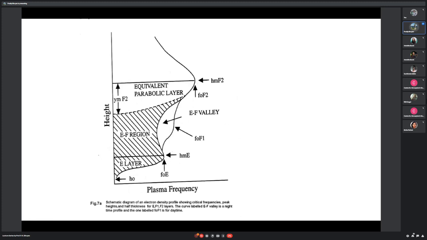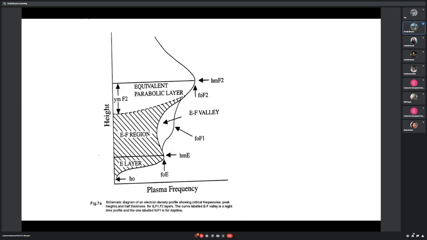So we have the E layer, the F1 layer, and the F2 layer, normally measurable with an ionosonde. That means an ionosonde is an instrument with a transmitter with which you can send pulses, not at a fixed frequency, but at continuously varying frequency from, say, 1 megahertz to 20 megahertz, or 1 to 10 megahertz.